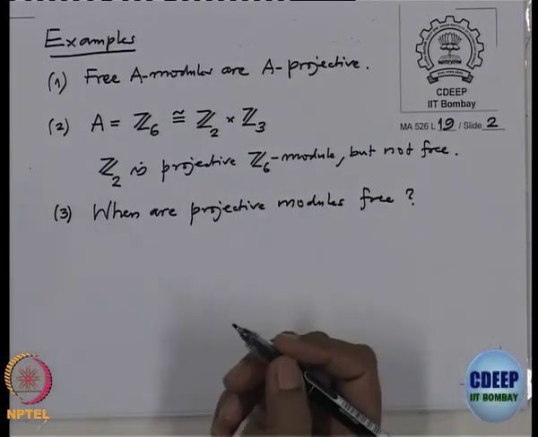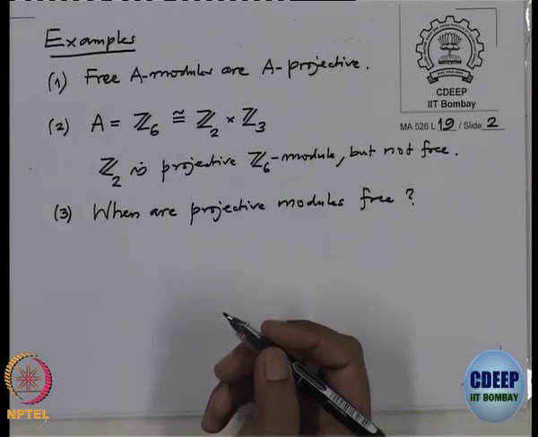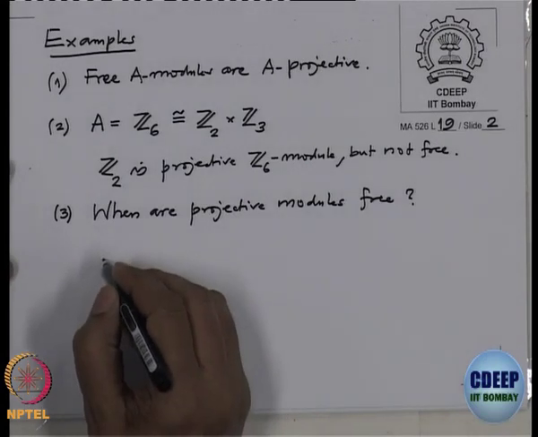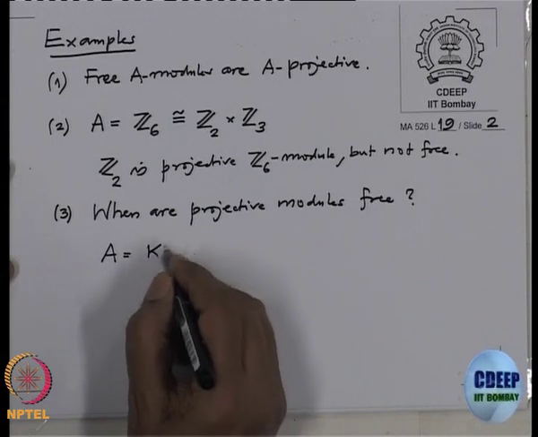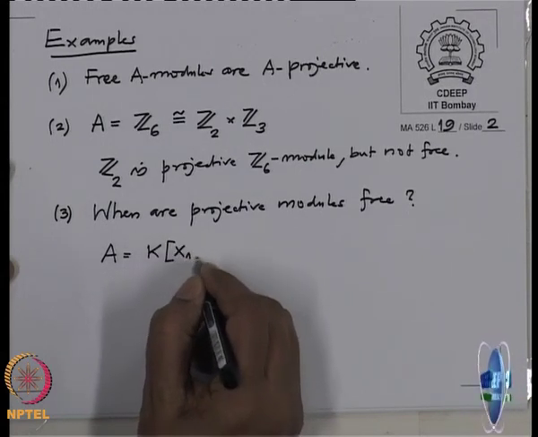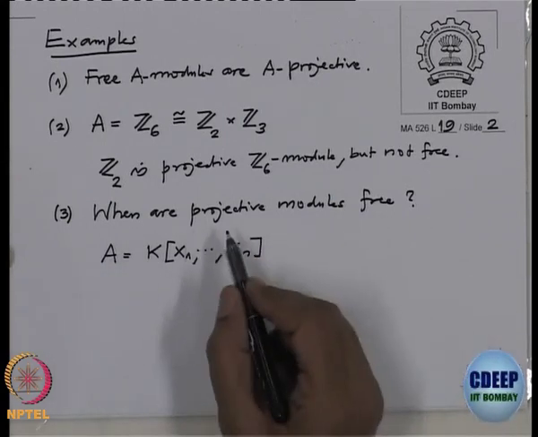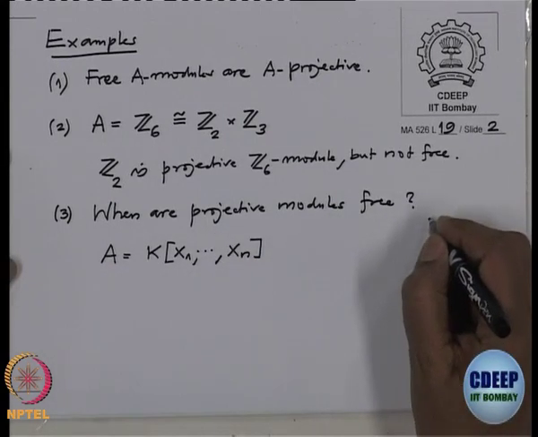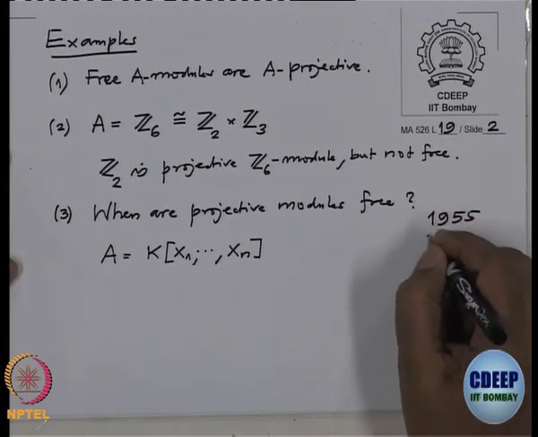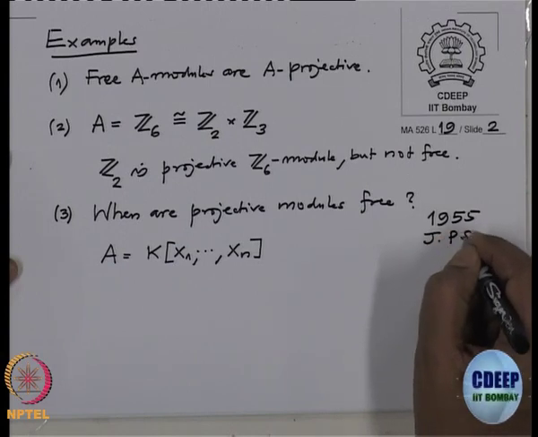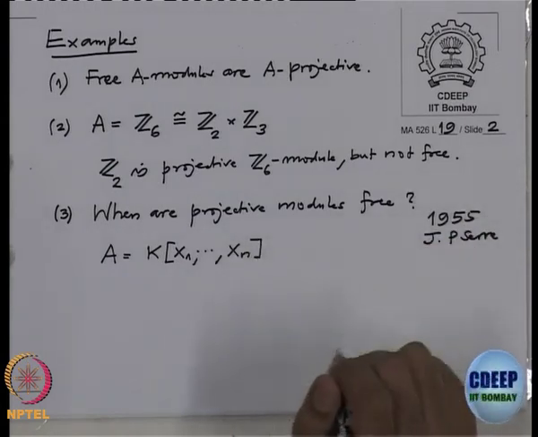So, for example, we are interested in a polynomial ring, even a polynomial ring over a field. So, even when you take A equal to this ring, actually this question originated in 1955 by J.P. Serre, and his motivation to raise this question was the following.